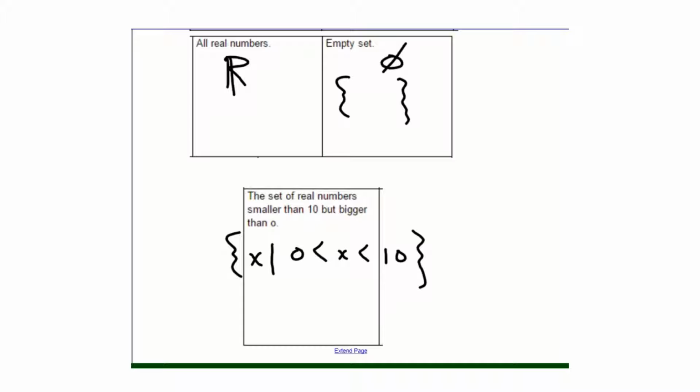In other words, 0 is smaller than the number in that interval. So all numbers greater than 0 and less than 10. That's set builder notation.